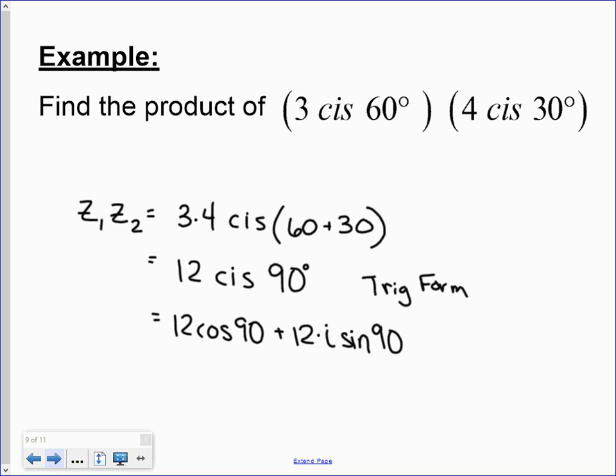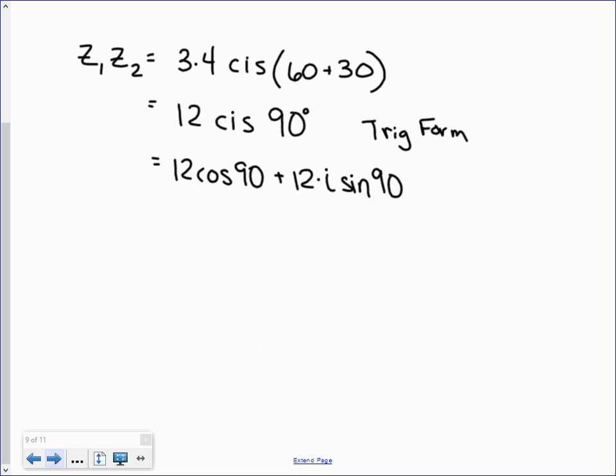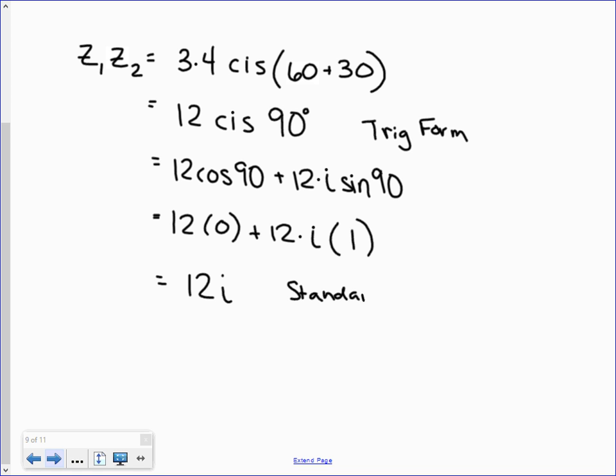That's what cis expands to, right? What is the cosine of 90 degrees? 0. And the sine of 90 degrees? 1. So then that would really just be 0 plus 12i, so I can write 12i, and this is in standard or rectangular form.